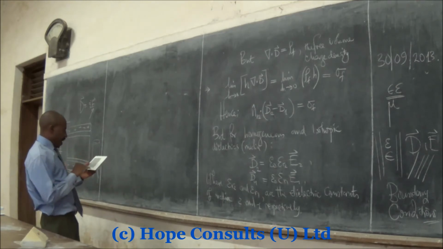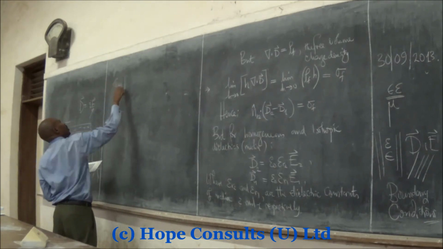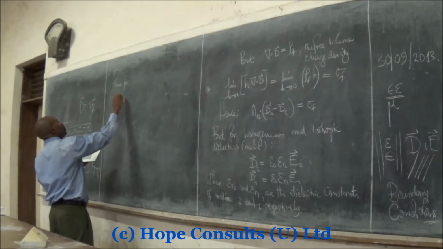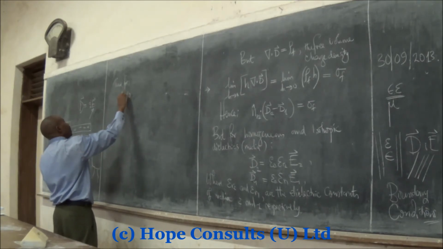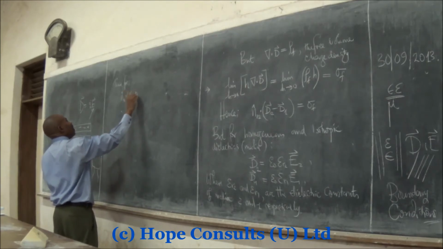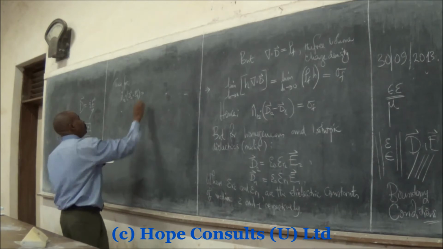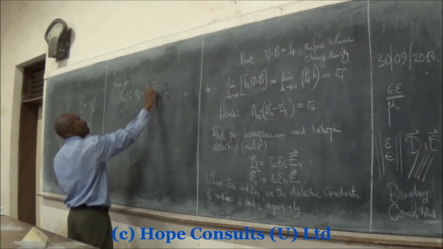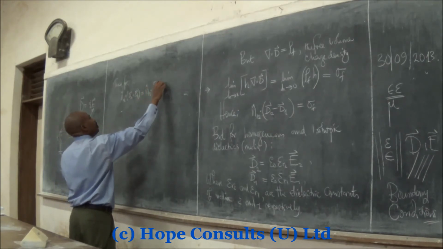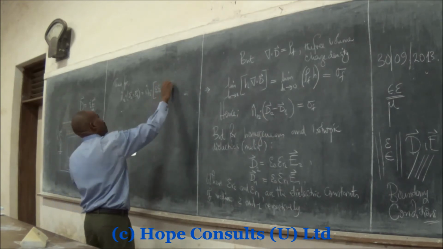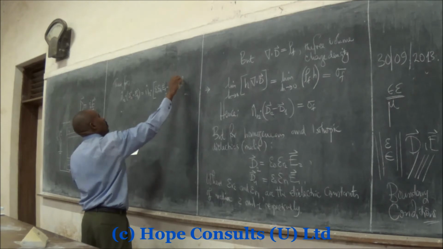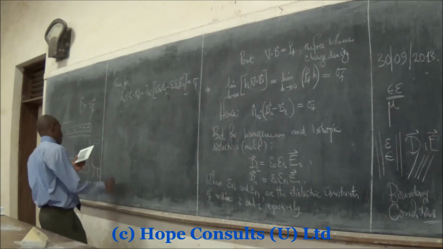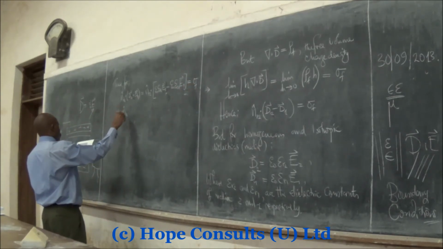So, if we now know that, therefore we shall have that n12 dot (D2 minus D1) will be equal to, by substitution, n12 cap dot (epsilon naught epsilon R2 E2 minus epsilon naught epsilon R1 E1), and this should be equal to sigma free.